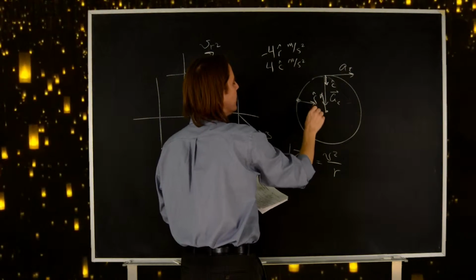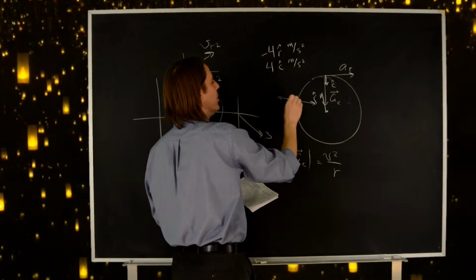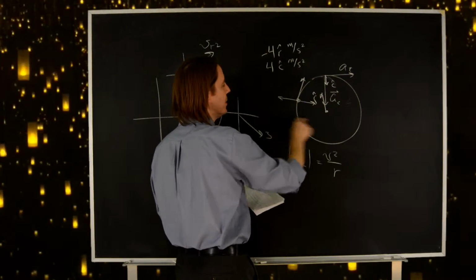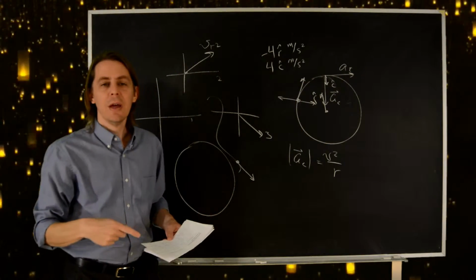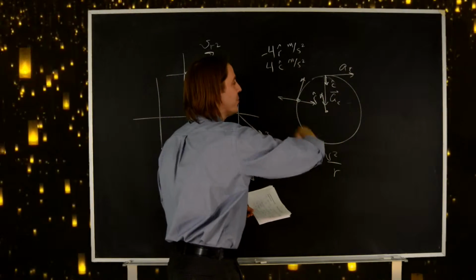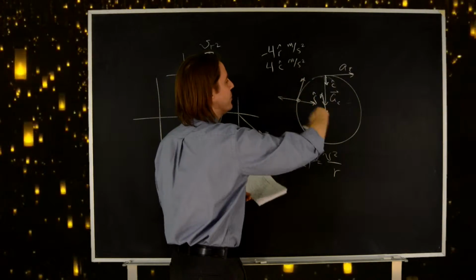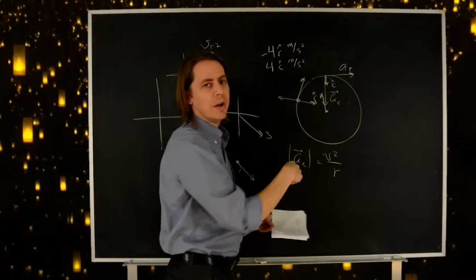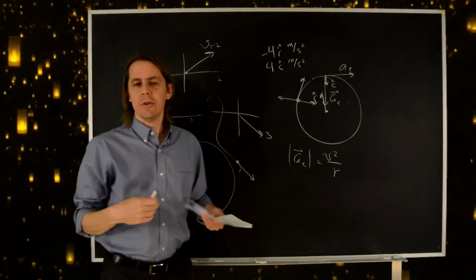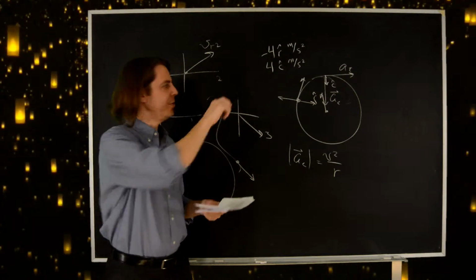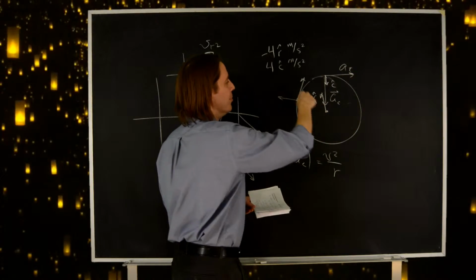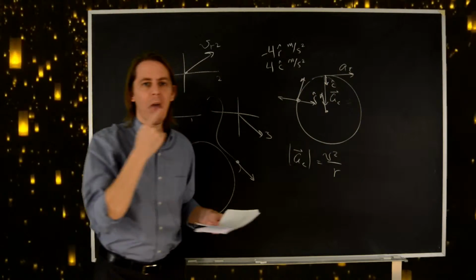There's a centripetal direction, the radial direction, and a tangential direction, and now it's different than x and y. The reason you do that is when something's moving in a circle, these vectors are constantly changing direction. So sometimes x and y aren't a convenient way to describe it because they're constant, whereas this radial unit vector moves around with the mass.